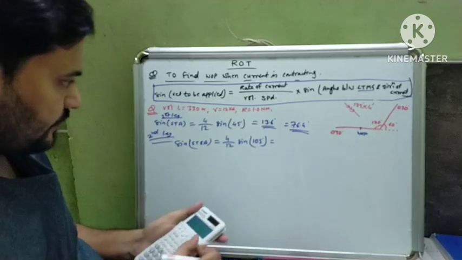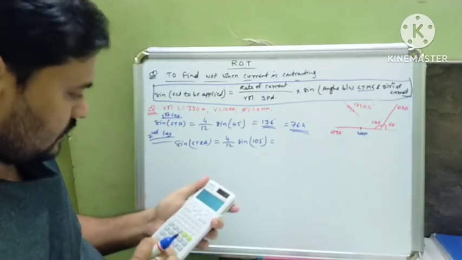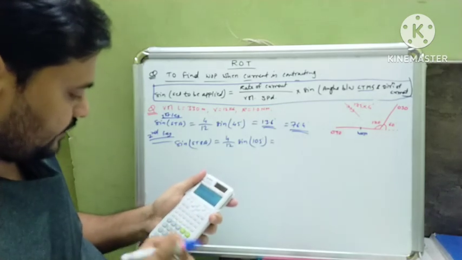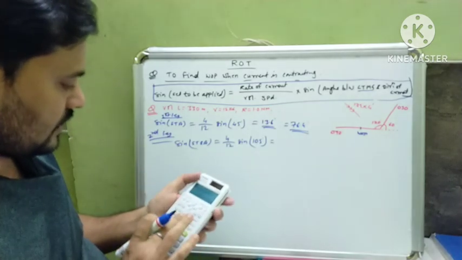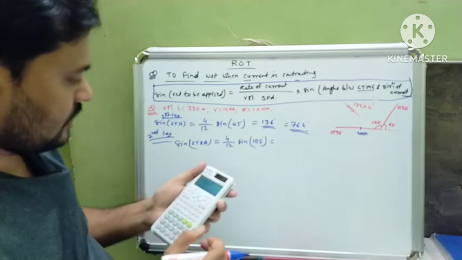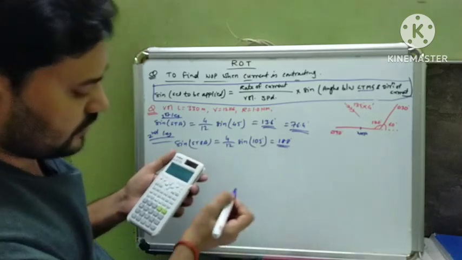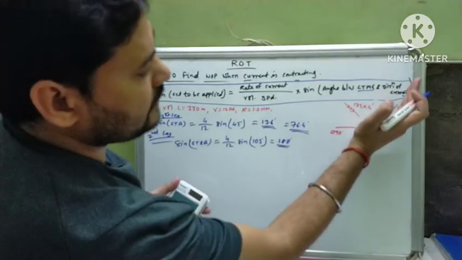So this becomes 1 divided by 3 into sine of 105 degree, and sine inverse of that gives 18.8 degree set which you have to apply. Again you have to go in this direction.